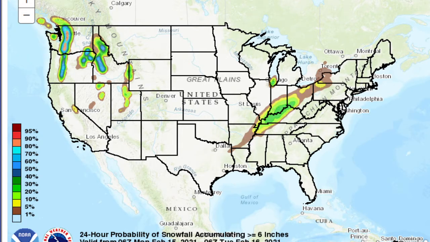So we're looking at a foot, so I bet we're looking at a foot or better if that system plays out the way it is. If it comes out of the Gulf of Mexico, it's pretty much got the moisture. It picks up that moisture and brings that inland. Then you got what you need for that to happen, to double that snowfall.